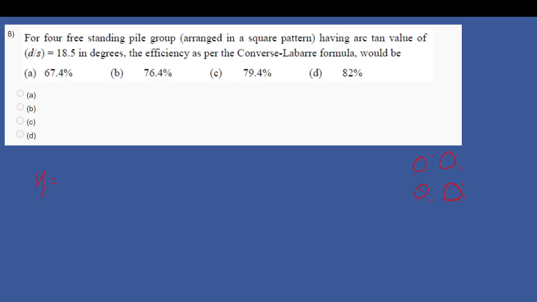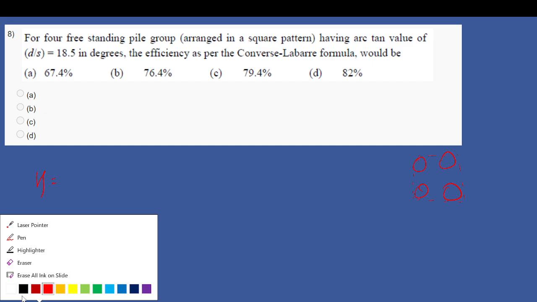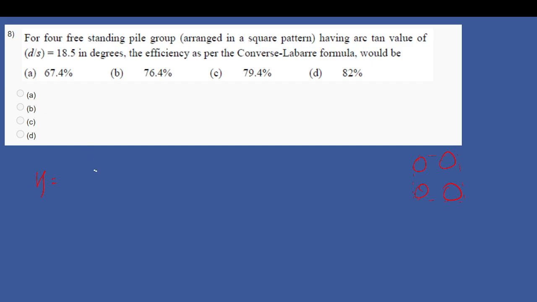So the formula is this, right? Eta is 1 minus tan inverse d by s, into (n minus 1) m plus (m minus 1) n, basically, divided by 90 m n.